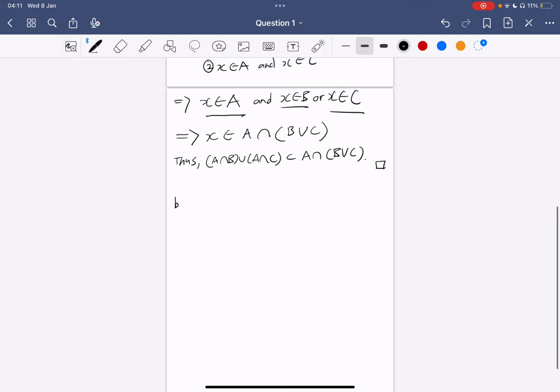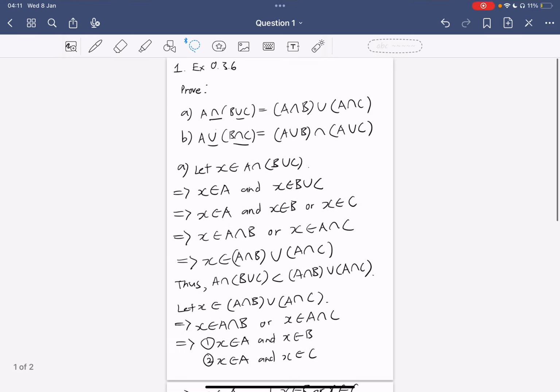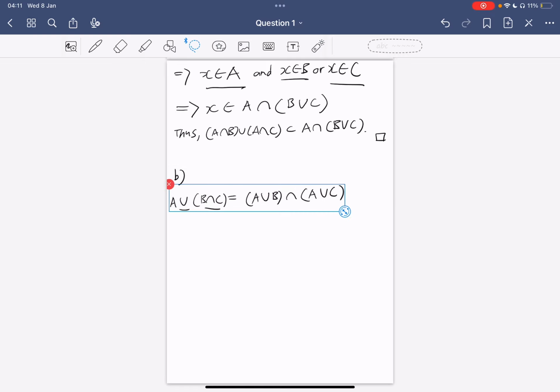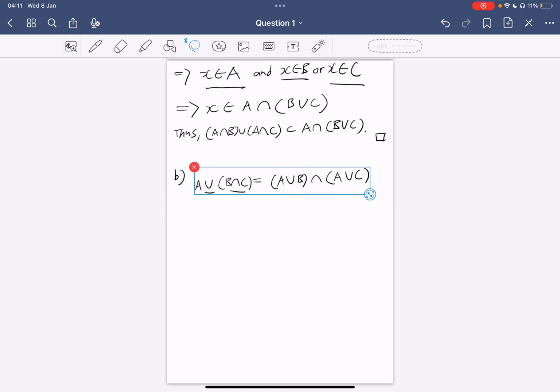Moving on to part B. Okay, so in part B, I'm going to use De Morgan's law to prove the statement. So we let X be an element on the left-hand side.